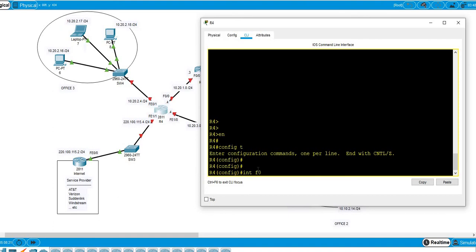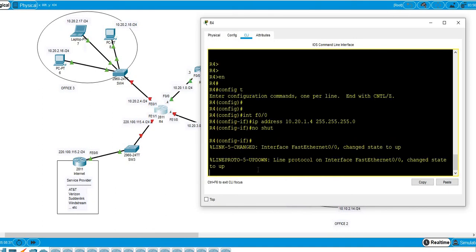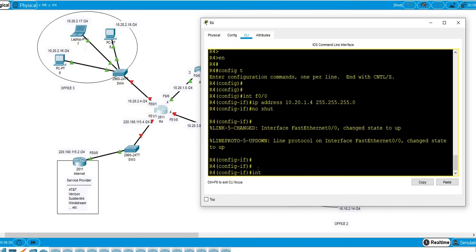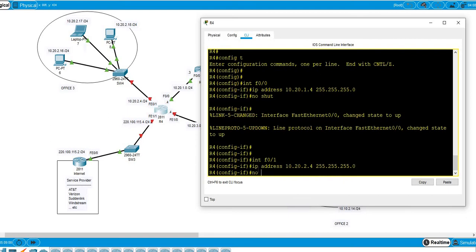Interface fast Ethernet 0/0, IP address 10.20.1.4, no shutdown. Interface fast 0/1, IP address 10.20.2.4, 255.255.255.0, no shutdown.